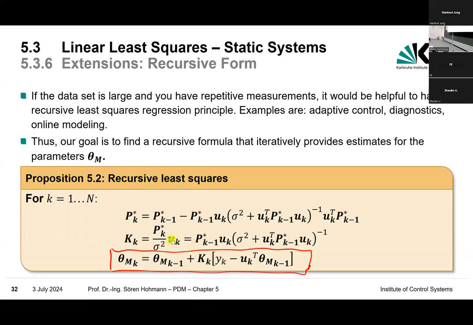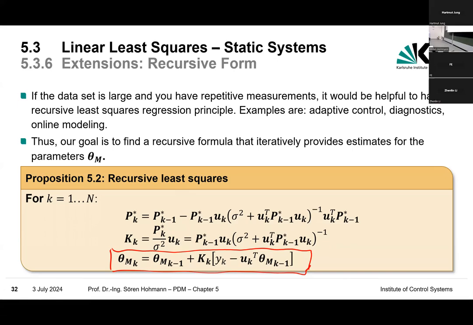The more I amplify or the more I act on my system, the more I should include it. So this KK depends obviously also on the old estimation of the covariance matrix, which is then a little bit more tricky, of course. But the basic idea is exactly like that.